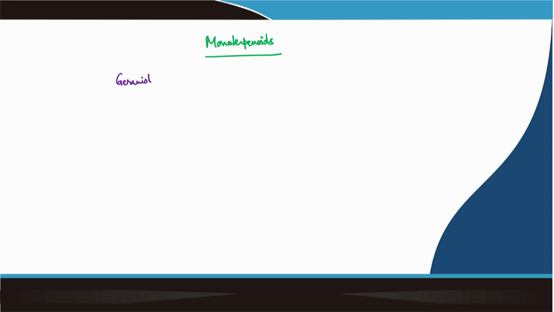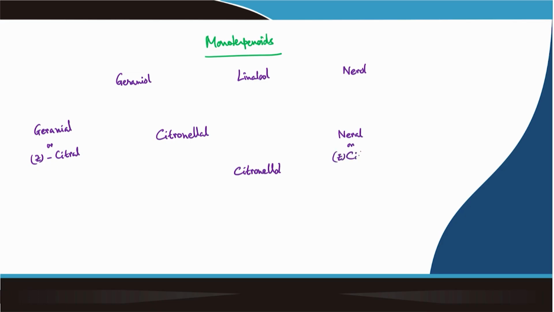So, one is geraniol, then linalool, then nerol, then geraniol or it is also called Z-citral, then citronellal, then citronellol, then neral, or it is also called E-citral, and then beta myrcene.